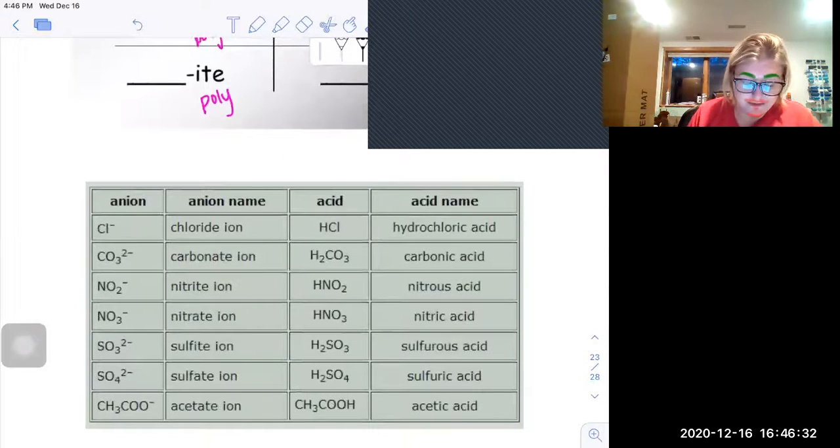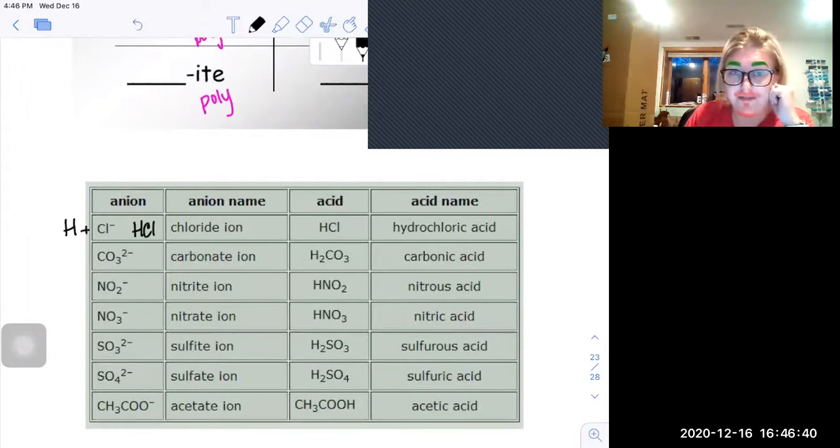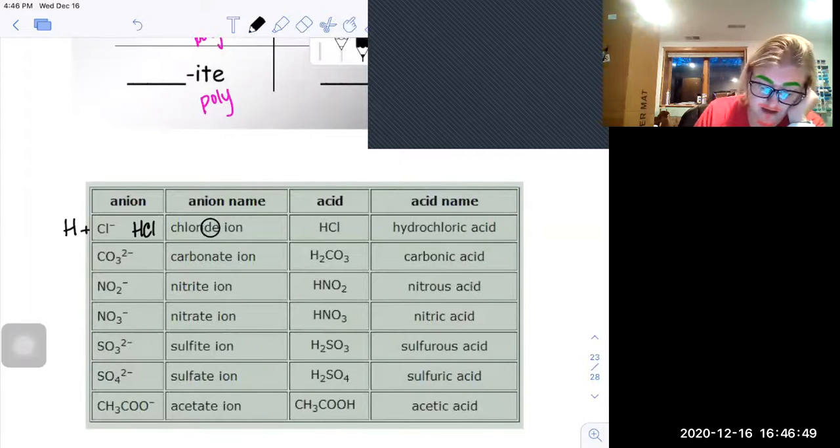For example, if I take H and add it to Cl, I'm going to get HCl. Because that ended in IDE, the IDE becomes hydro, and then we stick with the name that comes next, chlor.